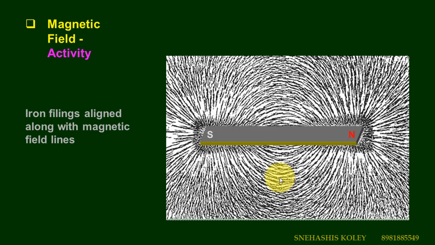This path along which a free north pole moves in a magnetic field is called a line of force. Hence, the magnetic lines of force act as a pictorial representation of the magnetic field.